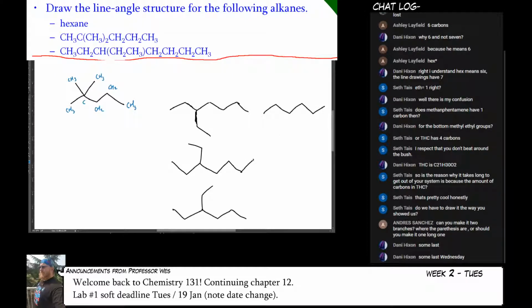Oh, these all have 7. Sorry. Let's fix that. And then the third carbon, you went up for some reason. These are all okay. But what's important is that with the CH2, CH3 in parentheses in our condensed formula, we have to include this as a single group, which means that you do have to include it like this. And you couldn't do this instead, because this would be CH3.